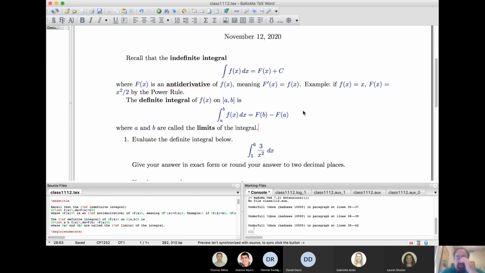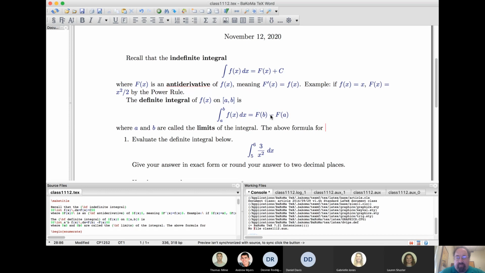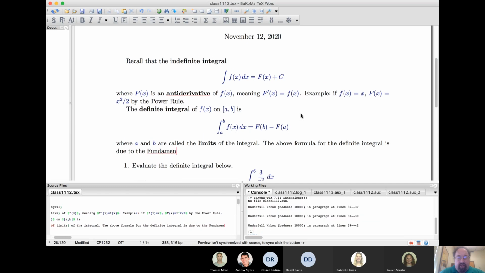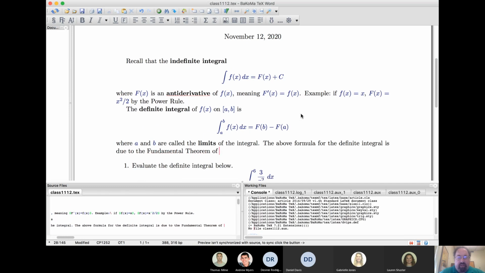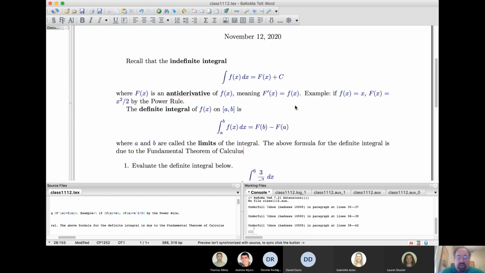Okay. So this formula for the definite integral, where it's just the antiderivative at the limits and subtracted, comes from what is called the fundamental theorem of calculus, which also says that if you have an integral and you take its derivative, they basically undo each other.